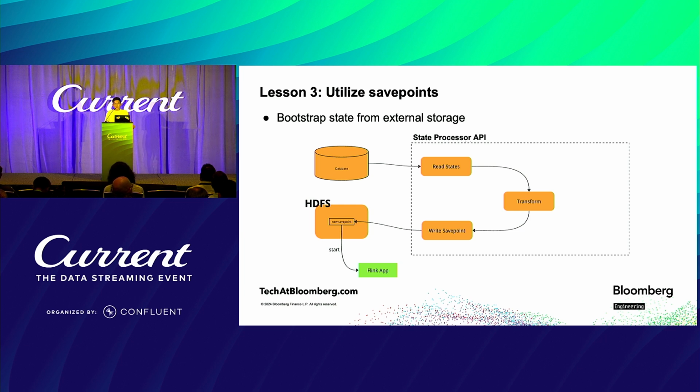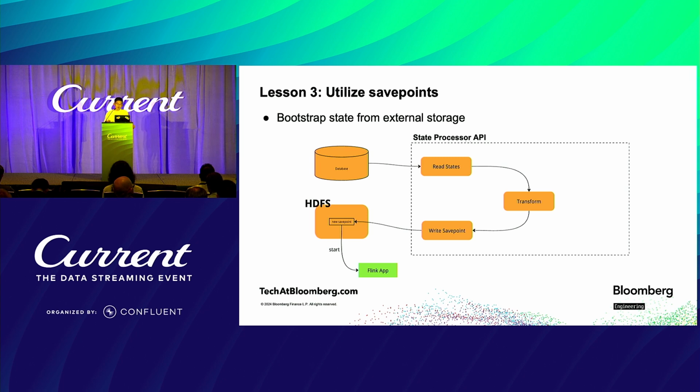So the process is very similar to our previous use case, where we use the state processor API to first read in the states. Now, instead of reading the states from a previous savepoint, we can access an external database and read the states from there. From there, we can apply some transformations and save these states to our Flink state.